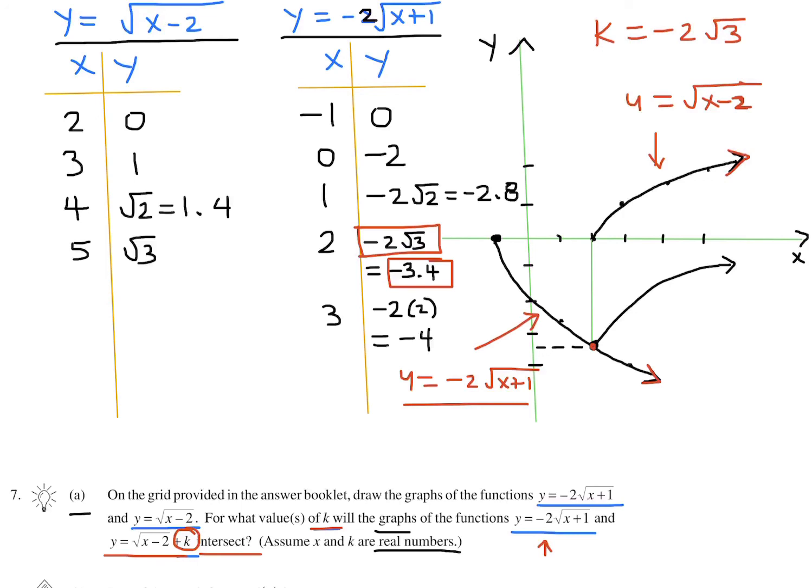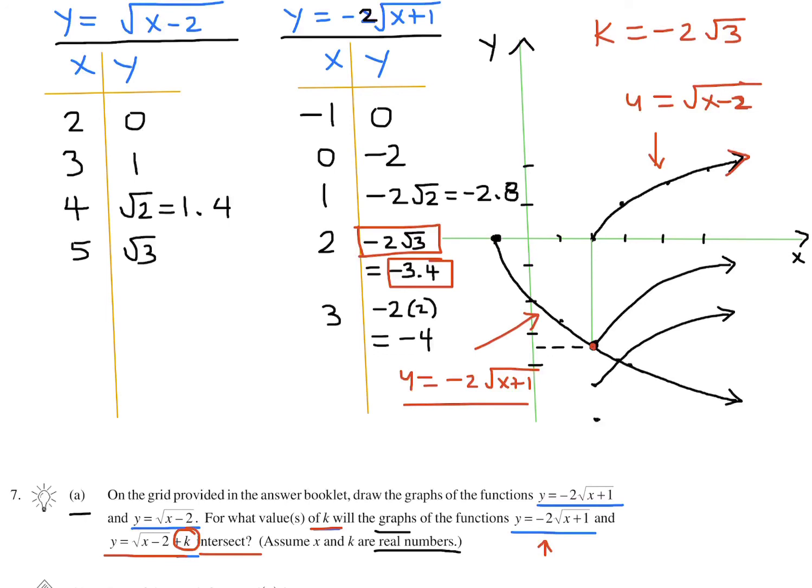Now, is that it? Is that the end of the story? No, because if you keep bringing this lower, this graph, if you keep bringing it lower, it will keep intersecting, correct? So let's draw this out a little bit longer, and you'll see that if I brought it down to here, and then this graph therefore becomes like that, it intersects here.